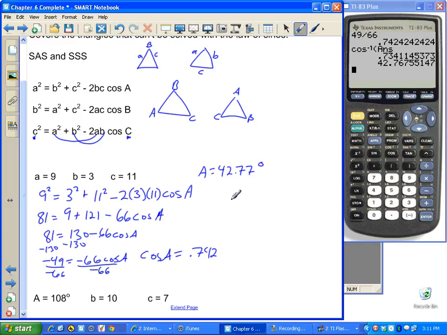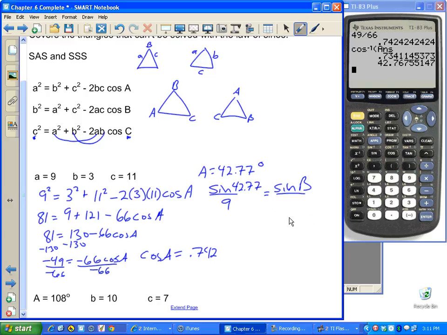And now I can go back to using the law of sines to get the rest. So I can do sine of A over A, but since I know what A is, I can put 42.77 equals sine of B over B. I'm going to solve this.